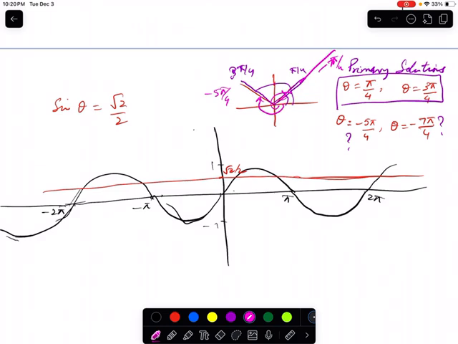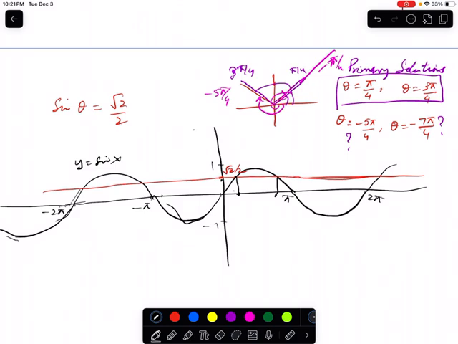If I have the graph of y is equal to sine x, it looks like this, and let's say the square root of 2 over 2 is the value over here. If I draw a horizontal line, it crosses the graph of sine in infinitely many places. What are the values on the x-axis these represent?